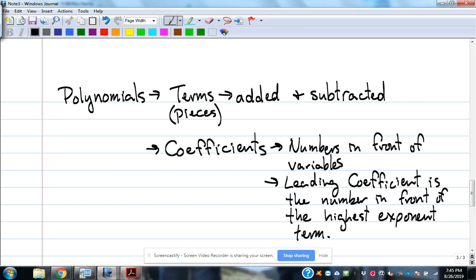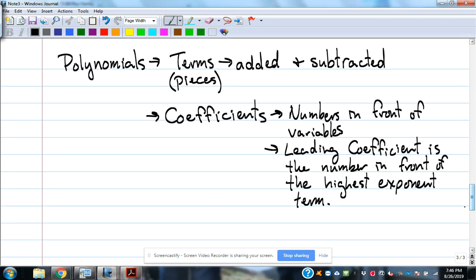When you talk about the variables, whichever one has the highest exponent, the leading coefficient is in front of that piece. Okay, so the leading coefficient will come up more later on than it does today. But the next thing with polynomials is degree, and we'll talk about that today.